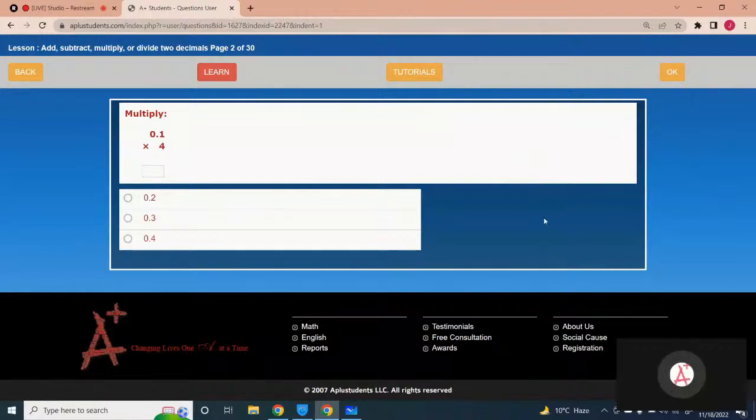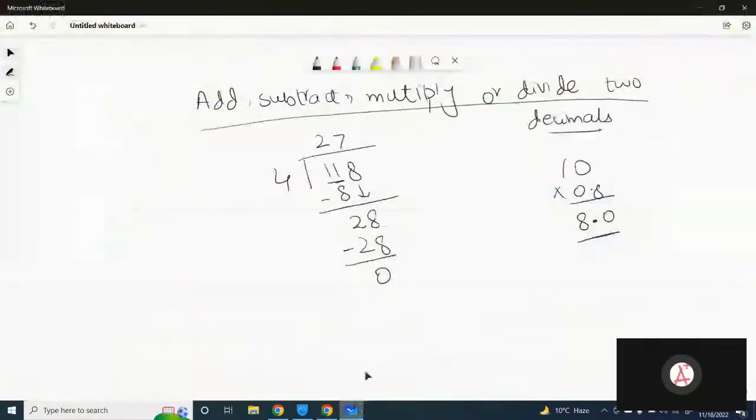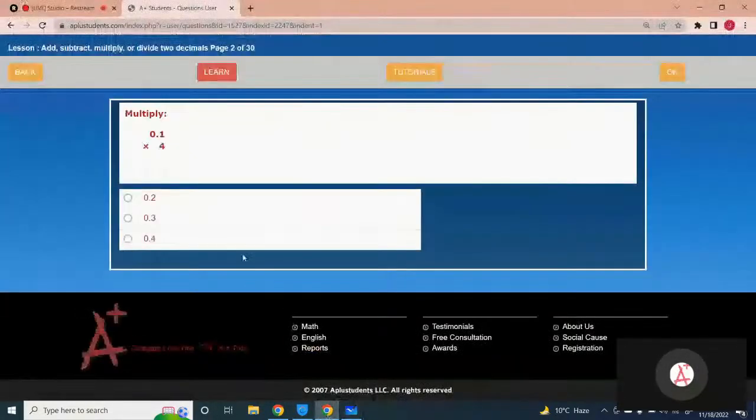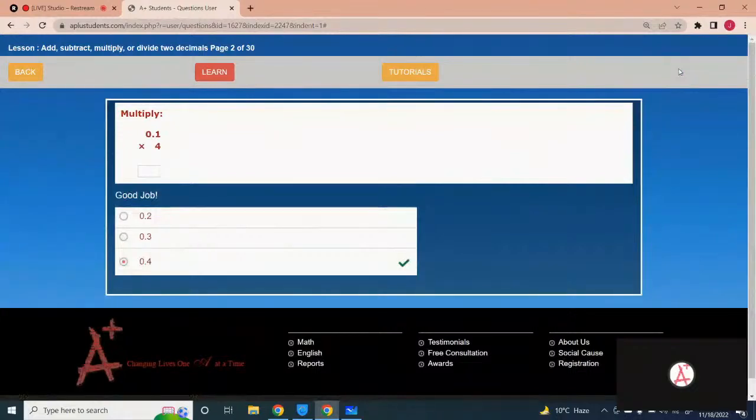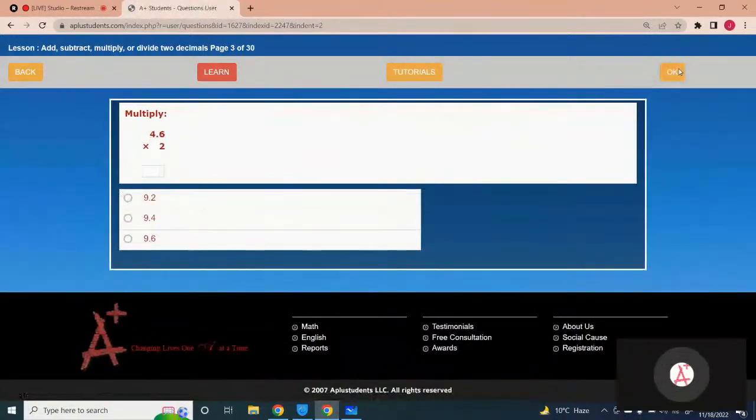Good. Okay, the next one is 0.1 times 4. So 0.1 times 4 is, it would be 0.4. Got it? Just select the correct option and click on the OK button. Very good. Okay, 4.6 times 2 is, just multiply them and put a decimal point right after the one digit.